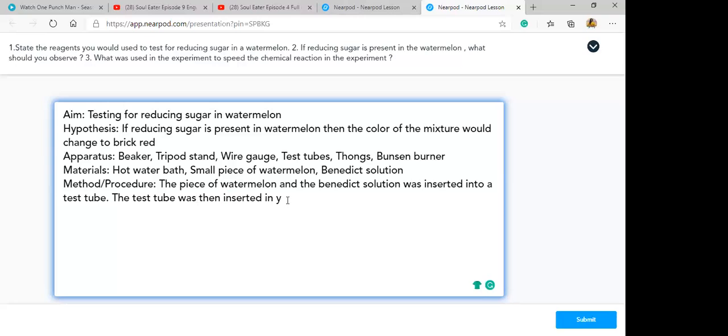Was then inserted in the hot water bath and left to be observed.